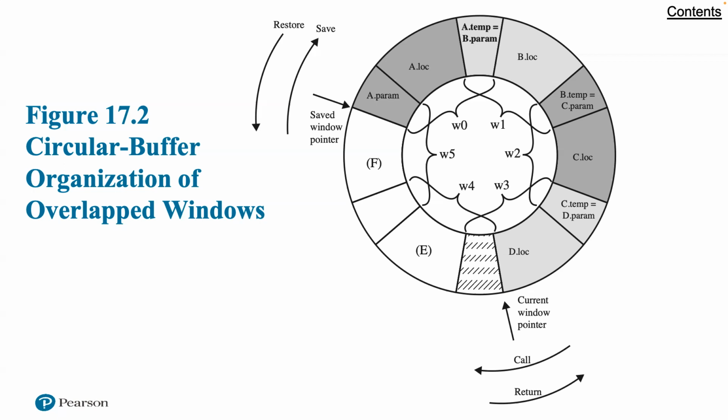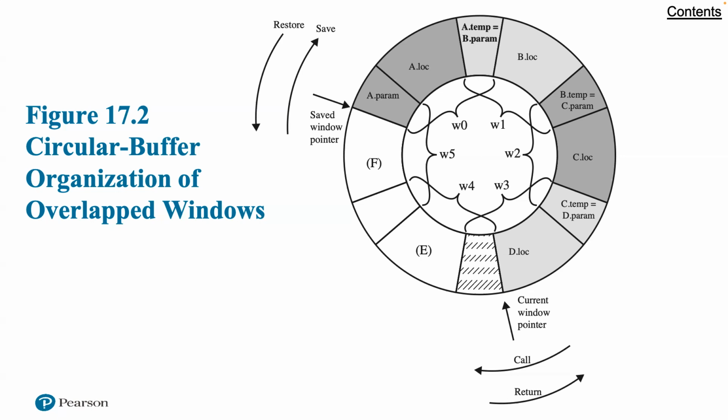A similar interrupt can occur on return. For example, subsequent to the activation of F, when B returns to A, CWP is decremented and becomes equal to SWP. This causes an interrupt that results in the restoration of A's window. From the preceding, it can be seen that an N window register file can hold only N-1 procedure activations.